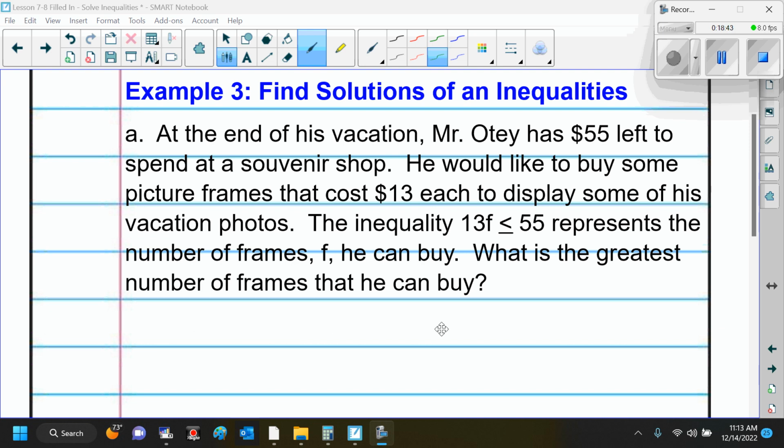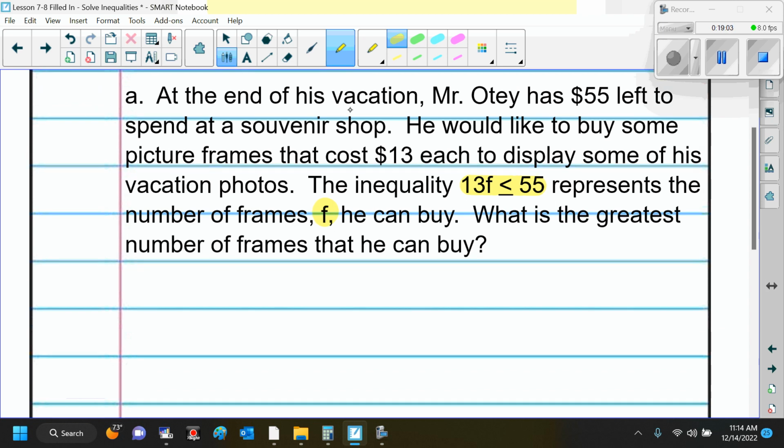What is the greatest number of frames that he can buy? So the inequality that we are working with, they gave it to us, is 13f is less than or equal to 55, where f represents the number of frames.